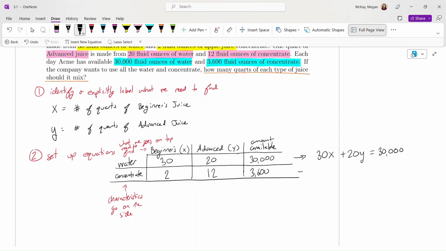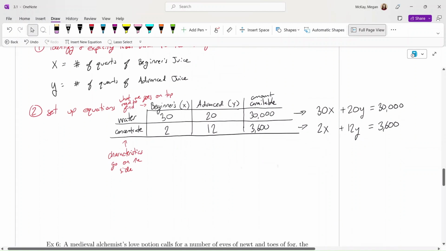If we read across the bottom row of our table here, we have 2 fluid ounces per quart of beginner's juice plus 12 fluid ounces per quart of advanced juice. That must total 3,600 fluid ounces. Alright, so now we are done setting up the equations. We're done with step 2.